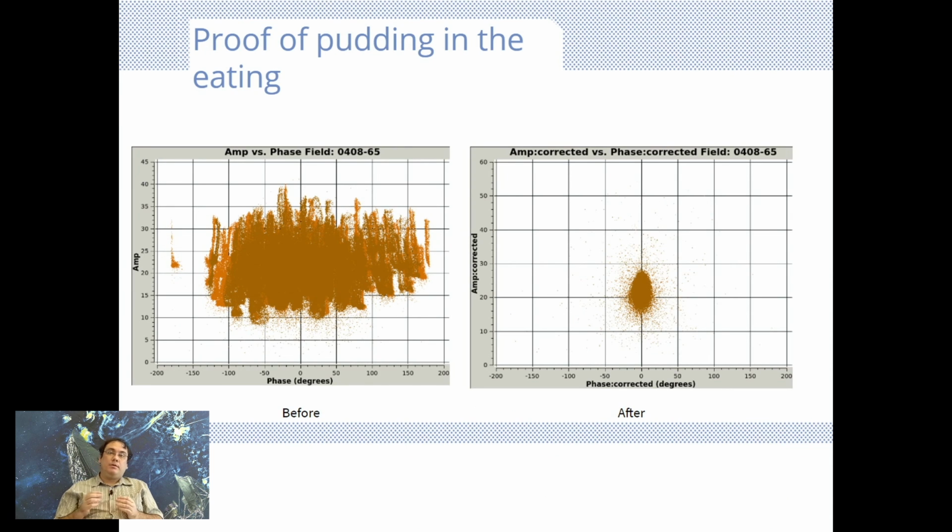All right. The key to calibration really is not just to look at the quantities that we solve for, but to look at the corrected data. So what happens if we apply the calibration solutions that we've solved for?